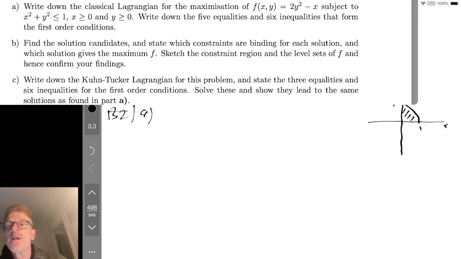So x is 2y squared, so 2y squared minus x is c. You could do this actually geometrically. You draw various contour levels. Say C is 0, 1, 2.